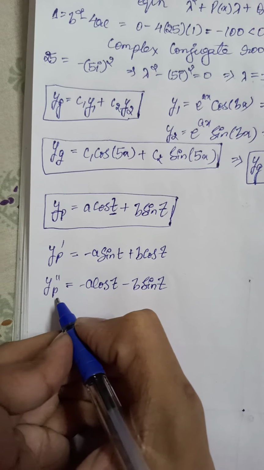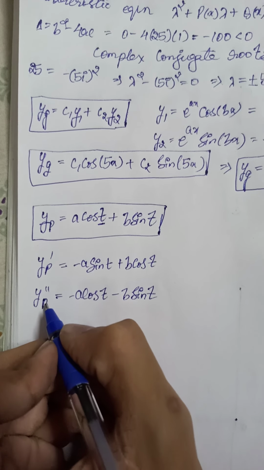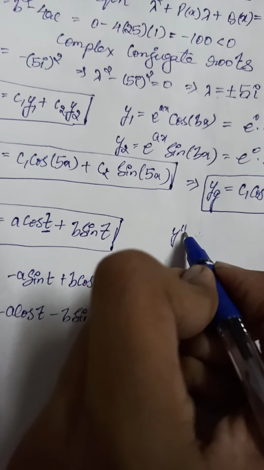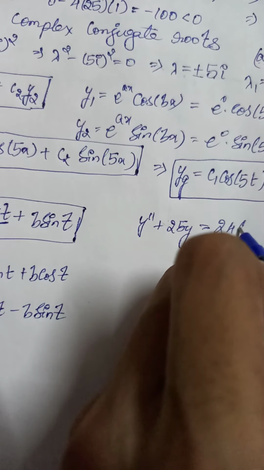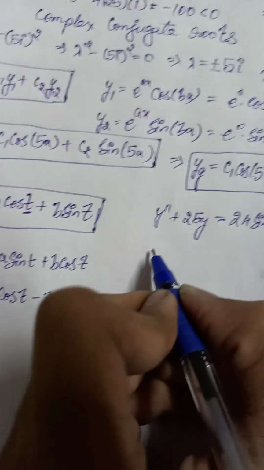Substituting yp double dash and yp in the given equation, y double dash plus 25y equal to 24 sin t.